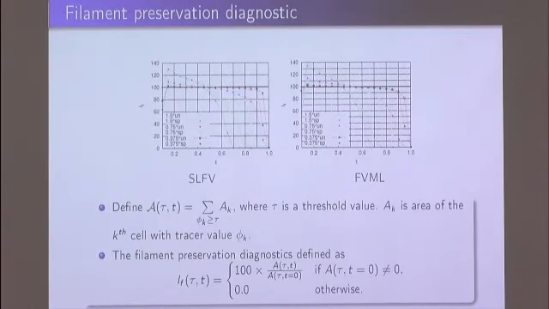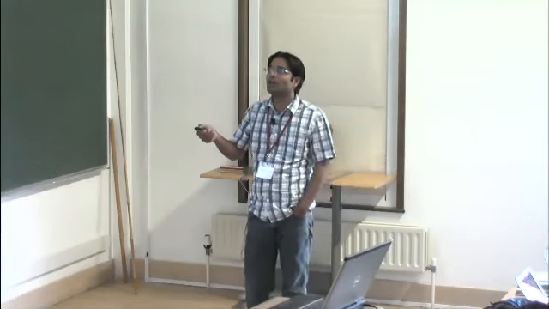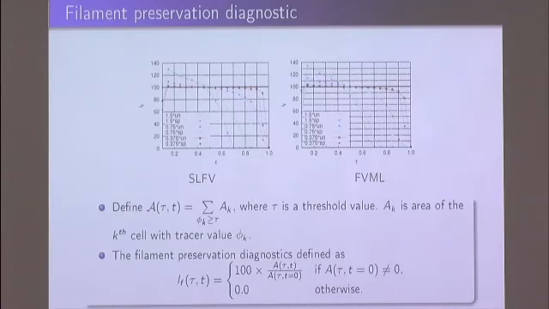This is the filament diagnostic test case. In this test case, we define the area, where tau is the threshold value of some tracer mixing ratio, and we sum all the areas having tracer values greater than or equal to this threshold value. Then we define this filament preserving diagnostic, which is like this.